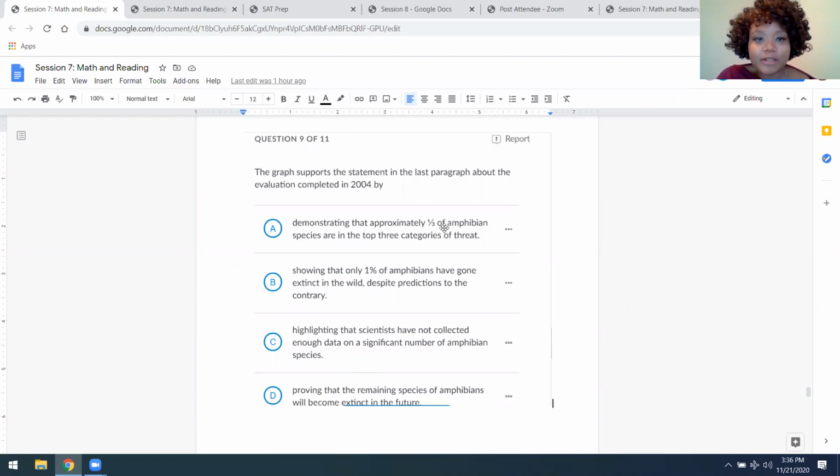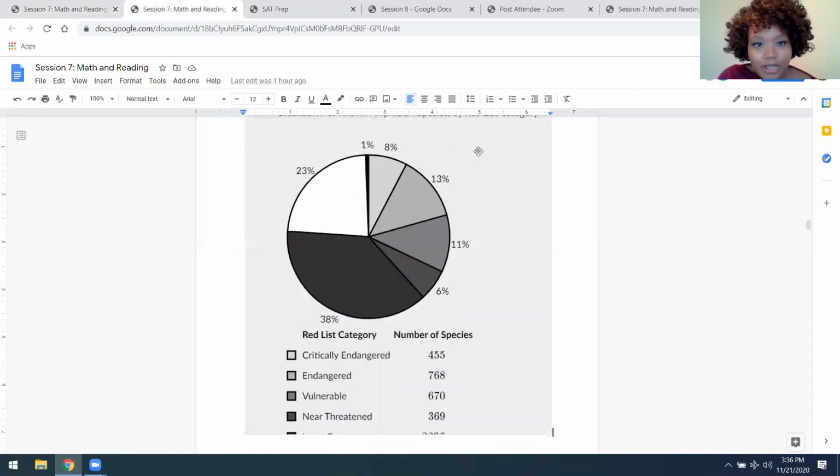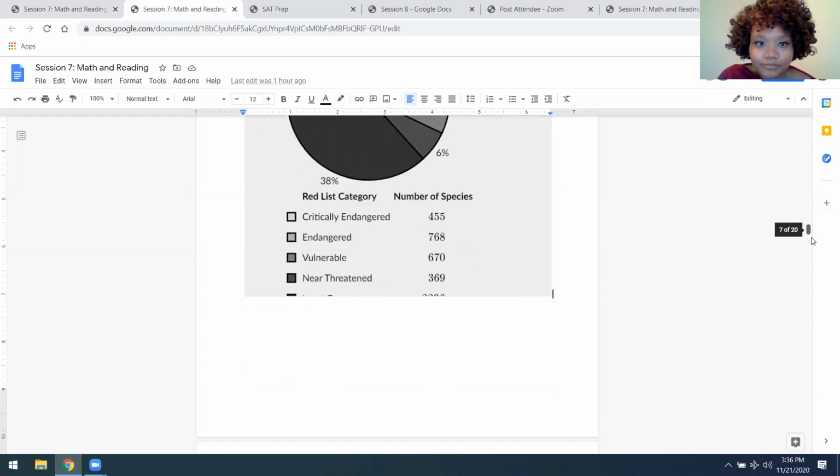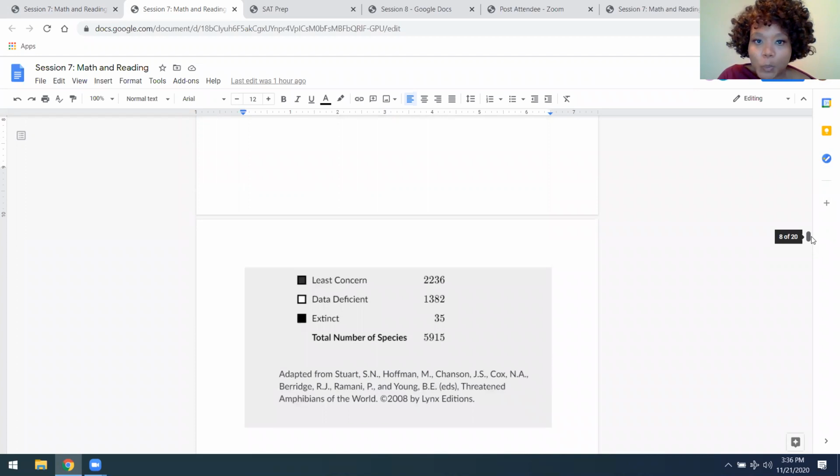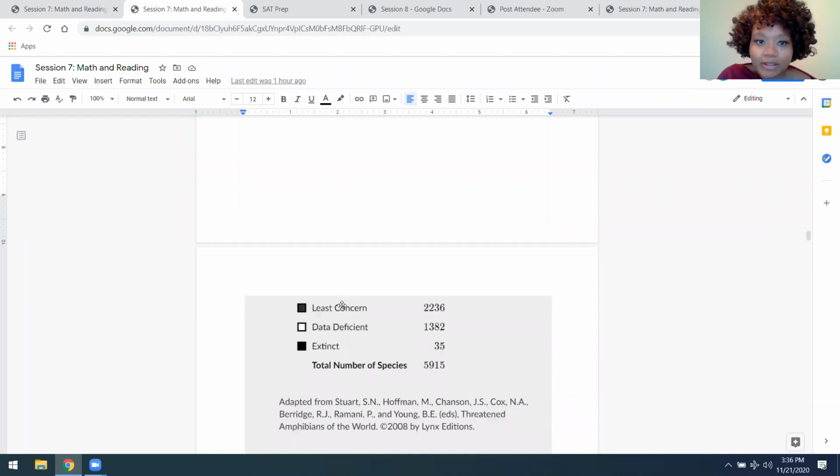We know that because it says demonstrating that approximately 1/3 of amphibian species are in the top 3 categories of threat. Okay, well, let's confirm that. Top 3 categories of threat. So we can look at the top 3 categories of threat by looking at the legend or the key for the graph.